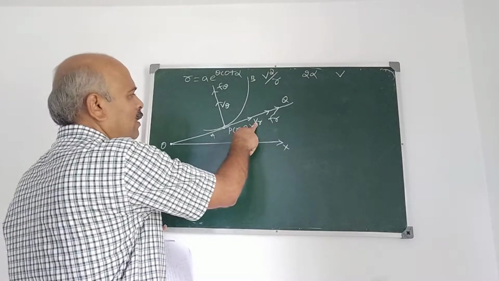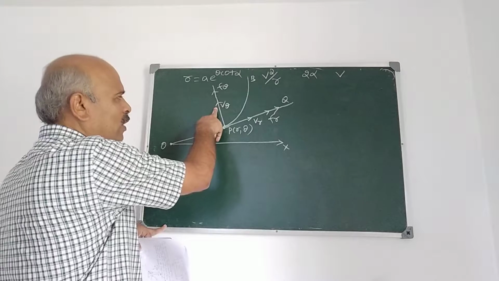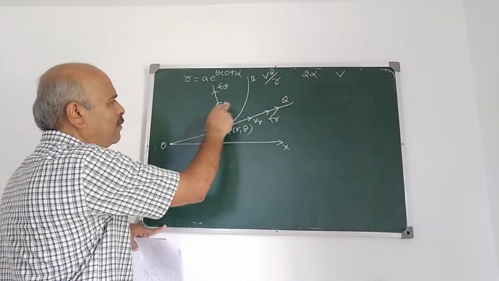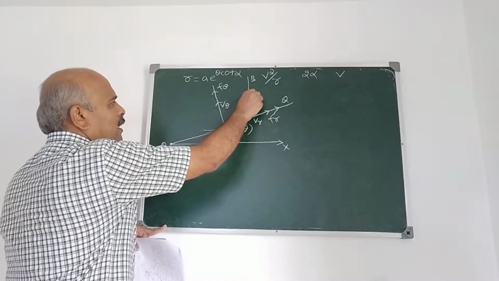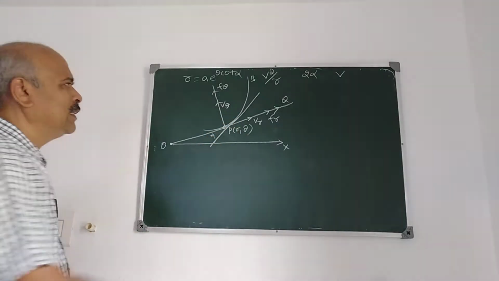What is this? Radial velocity. Component of the velocity perpendicular to the radius vector is transverse velocity. But velocity direction is always along the tangent to the curve. Correct? Along the tangent to the curve.